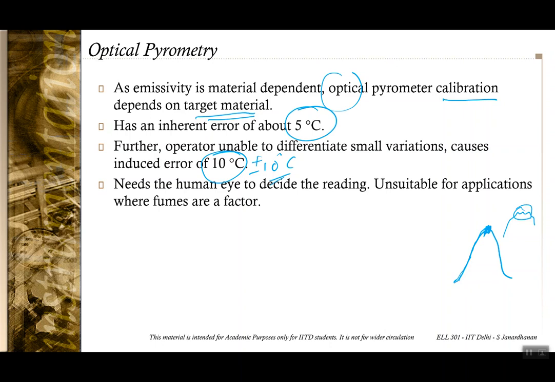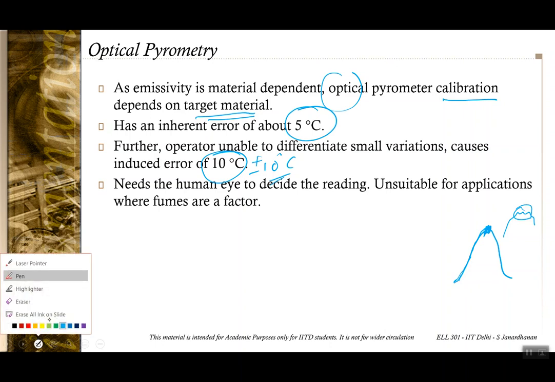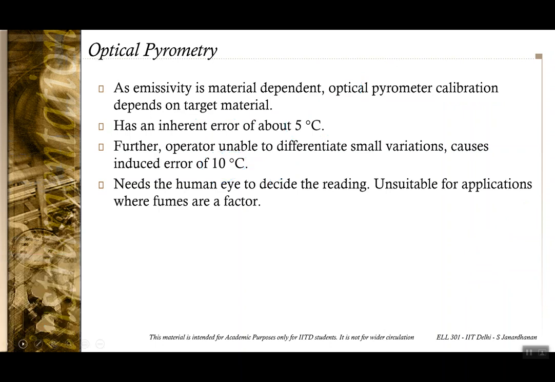And the third factor is that since you have a human in the loop, the environment in which the optical pyrometer can be used is also restricted. It cannot be used in environments where there are fumes which are harmful to the human eye, and if it's a toxic environment, the optical pyrometer may not be useful.